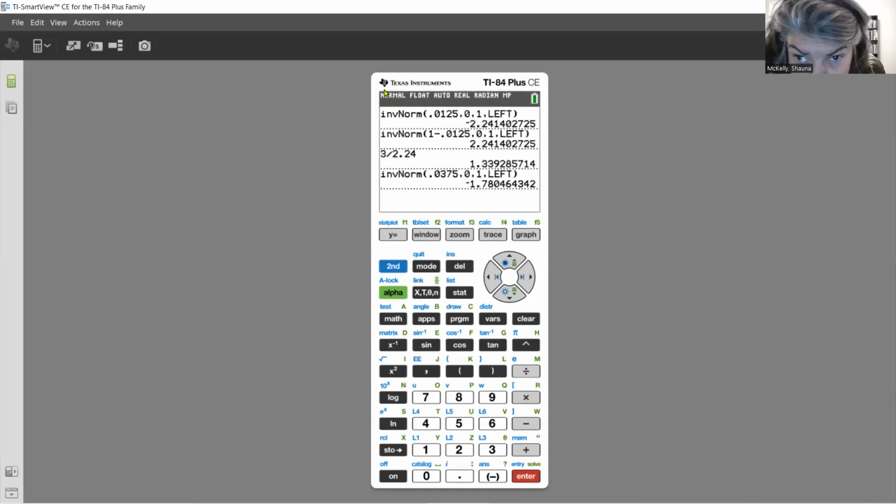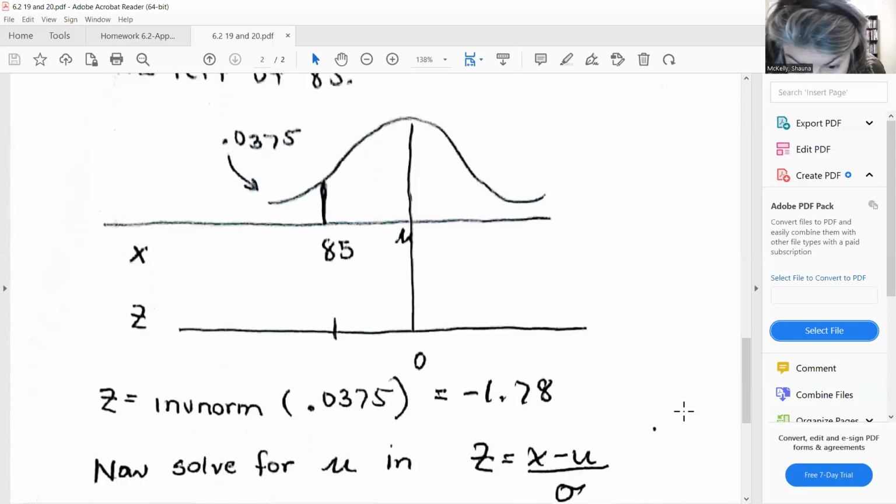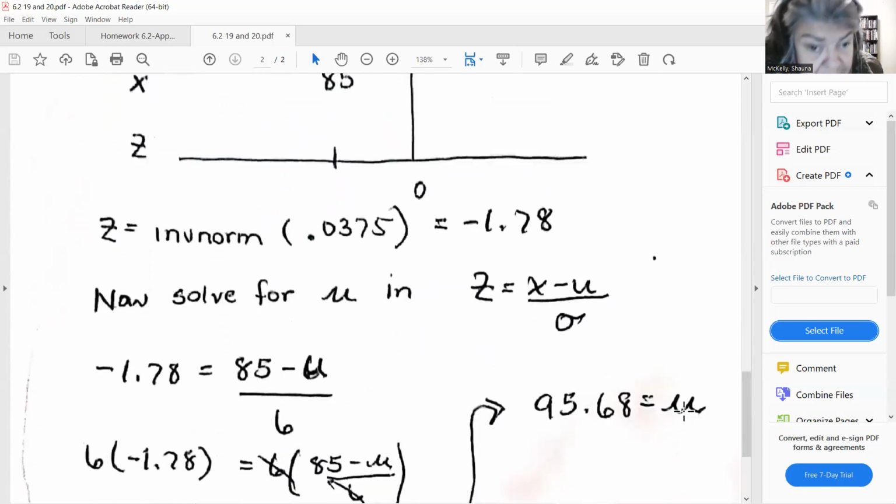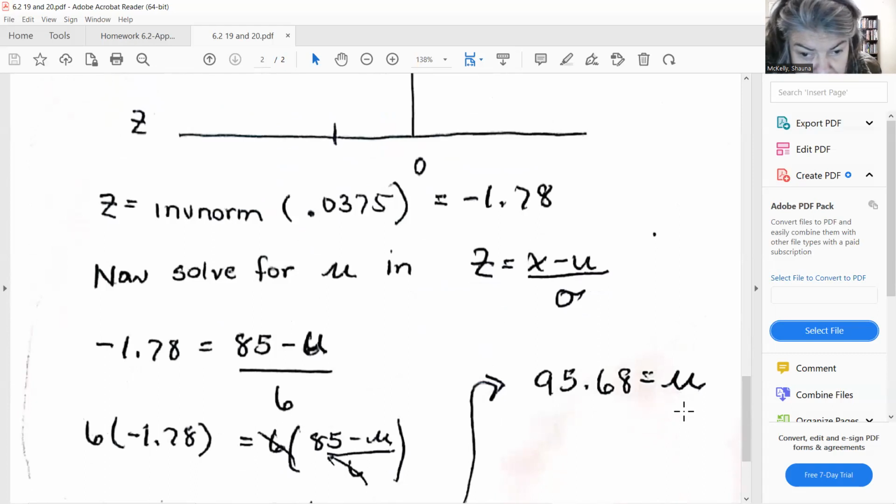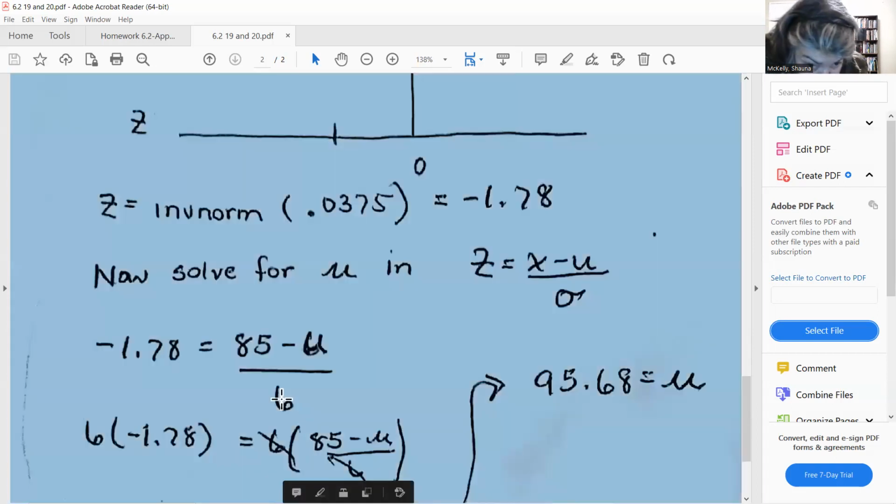So now I'm going to say, all right, well, negative 1.78 is my z. And remember, I have my x is 85. What I don't have is mu. So I have negative 1.78 is equal to (85 minus mu) over 6, where 6 is sigma.